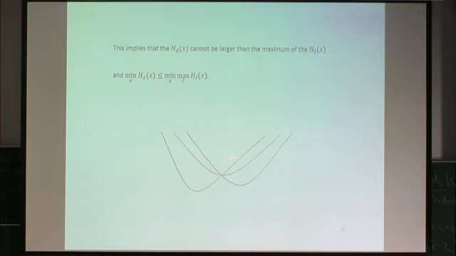The black is sequence A and sequence B, and the red is any combination between the two. And the interesting point is that it must always be smaller than the maximum of the two original sequences. And then you try to choose the proportion of these two sequences in such a way that the minimum of the combination is at the minimum of the maximum.